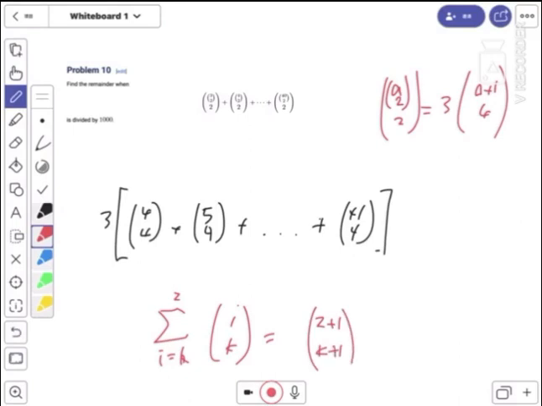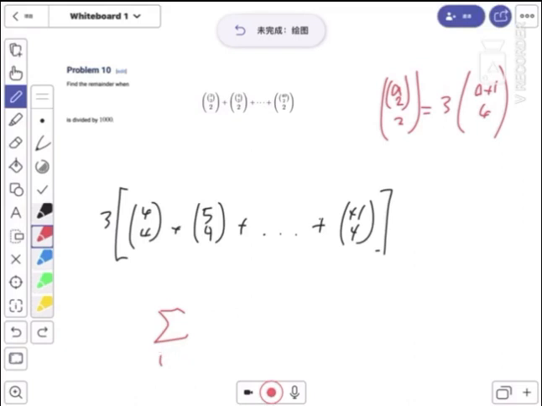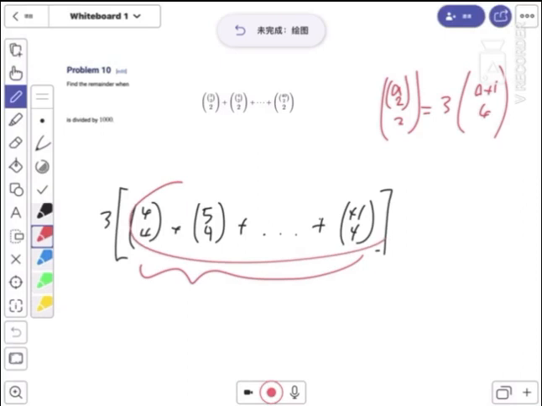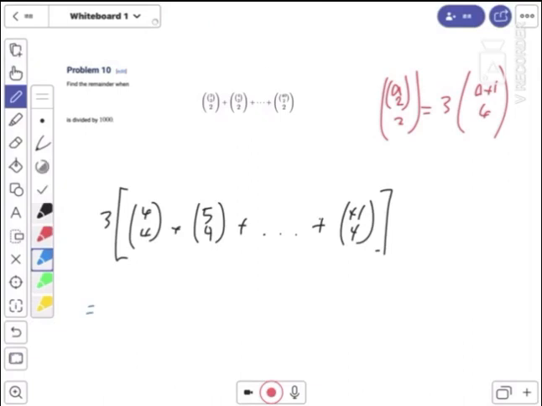And I believe the proof of this can be done using induction. So now, by utilizing this, we can find this entire sum by expressing it into just one single combination. So this is just equal to 3 times what? 41 plus 1 choose 4 plus 1 from the hockey stick identity. So just 3 times 42 choose 5.